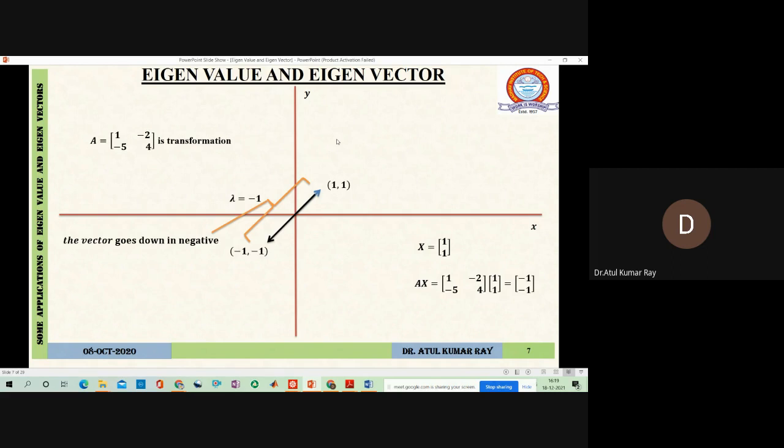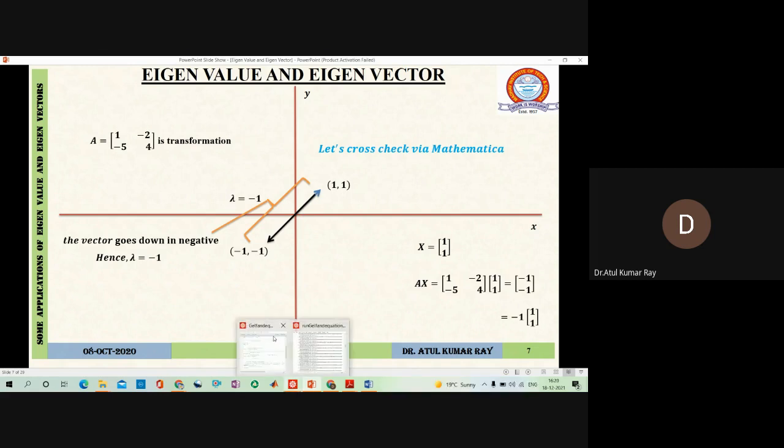But yes, I have one value for which we can have the equation Ax equal to lambda x, which is Ax equal to minus 1 times x. That means this lambda is minus 1. So yes, there is a possibility of having a negative eigenvalue. So let's cross-check with the Mathematica program. I think it is not opened here.